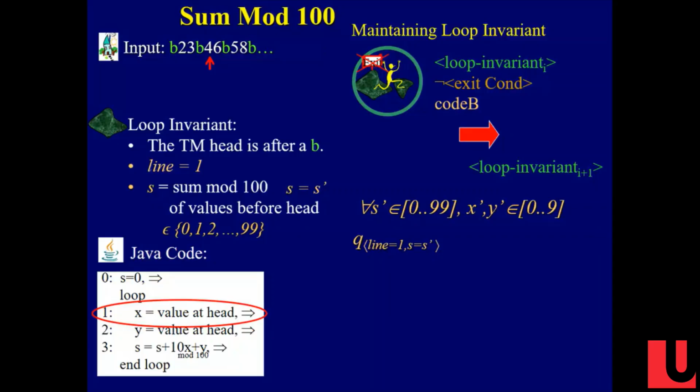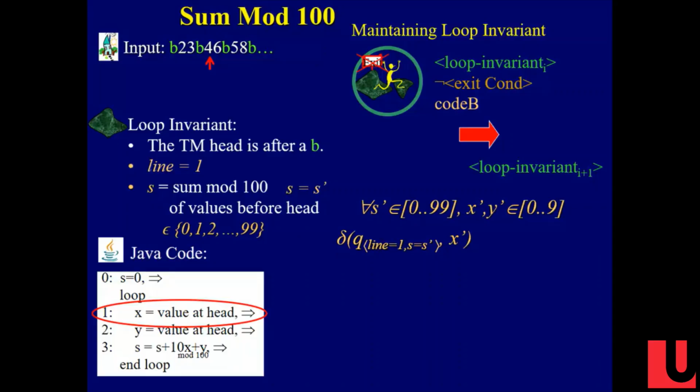Now, line 1 tells me I come over to the code, and what does the code do? Well, then I build the transition function. What am I looking at? I believe I'm looking at a character, but I don't know which character, so I'm going to let my character be some number between 0 and 9. That's the character I'm reading.